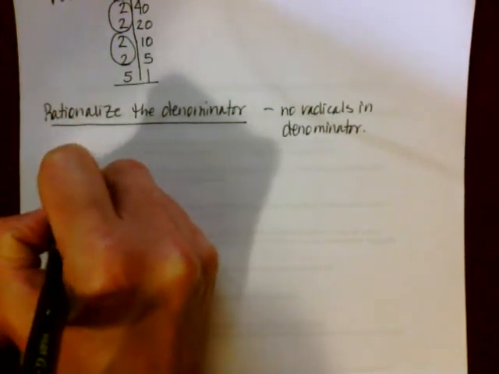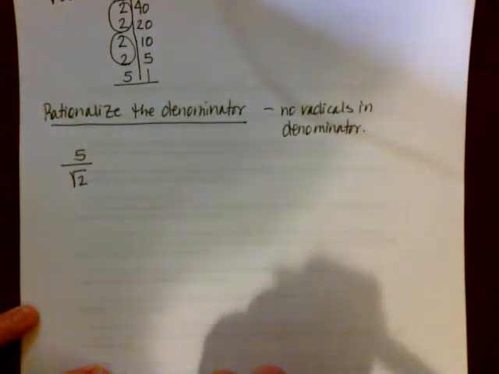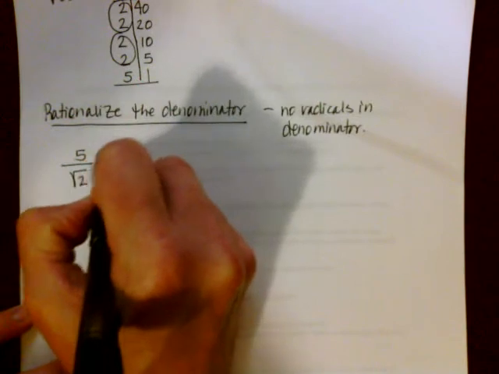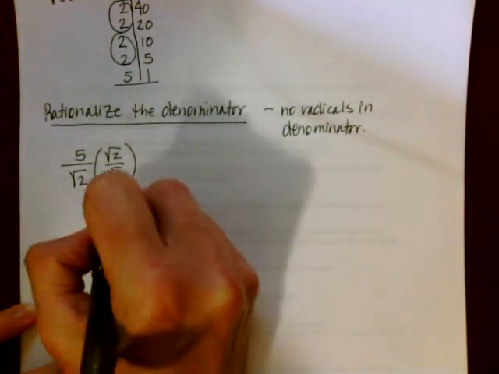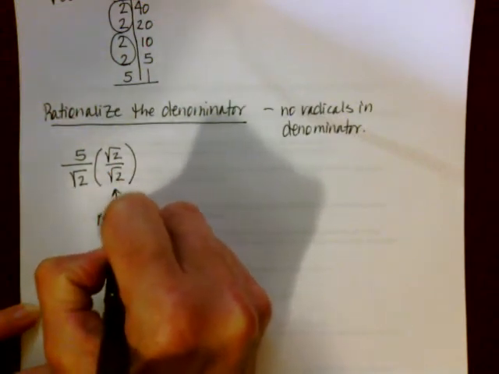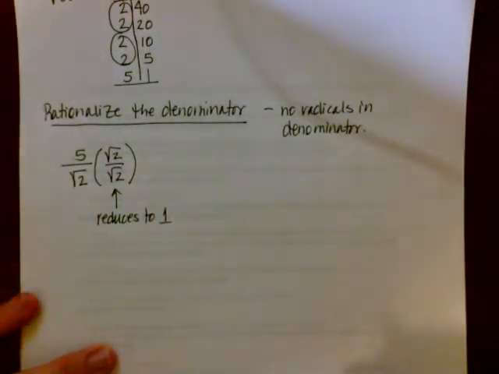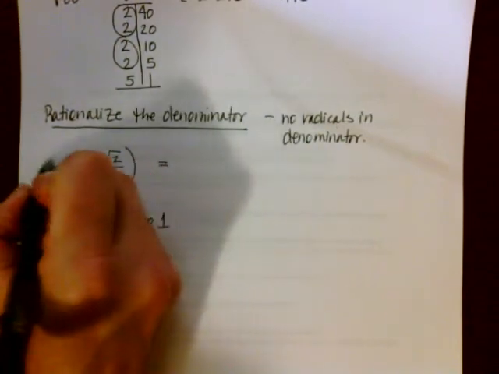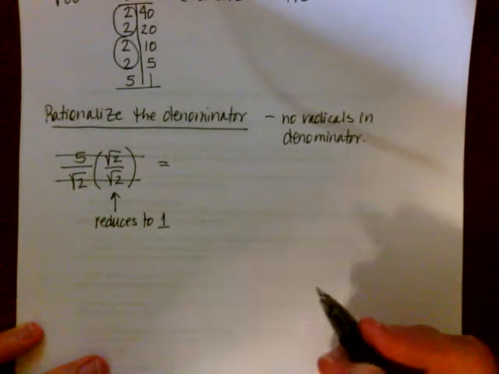So let's say I have 5 over radical 2. The way that I rationalize the denominator is multiplying by radical 2 over radical 2. And notice that this reduces to 1. So I haven't changed the value of what I'm doing, but I've simplified it. In fractions, the numerator multiplies together and the denominator multiplies together.